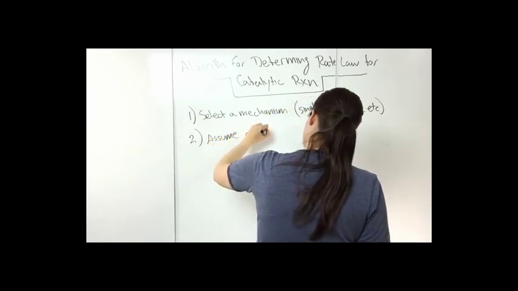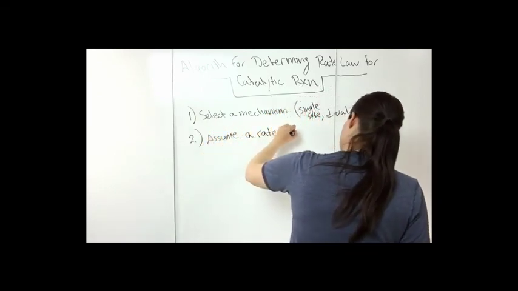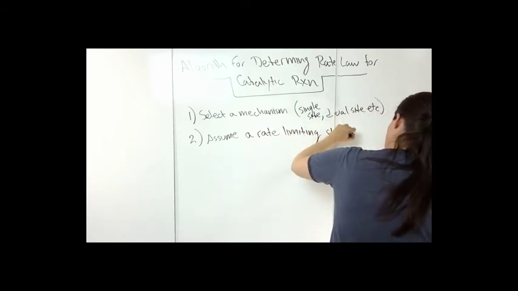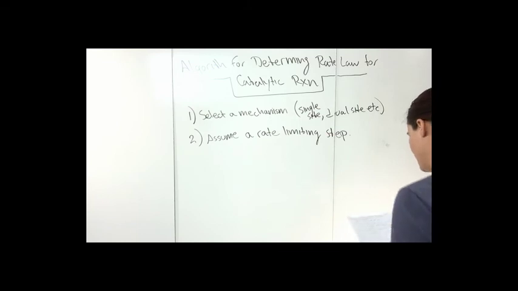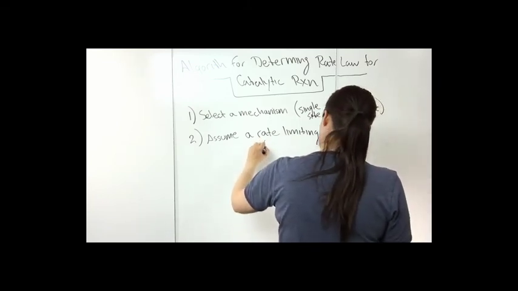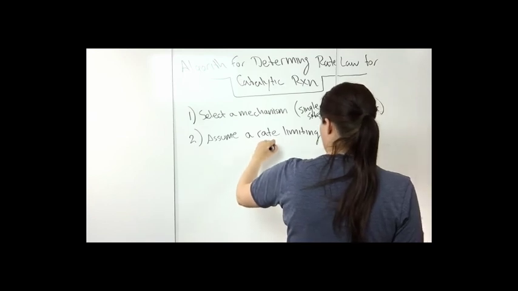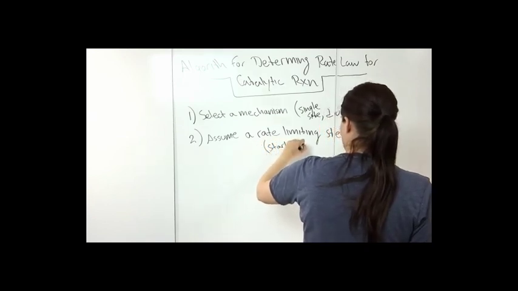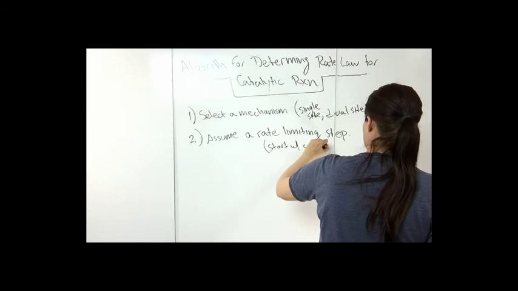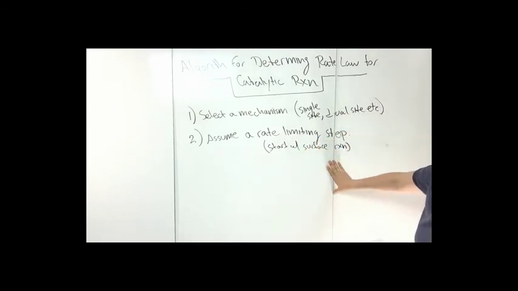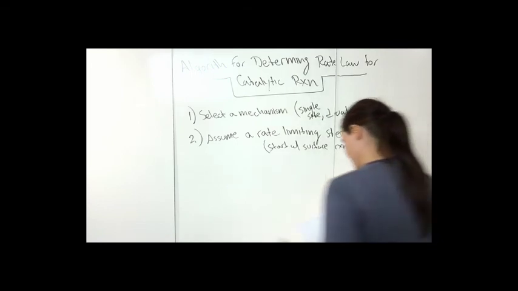Step 2 is assume a rate limiting step, and a good choice is to start with surface reaction. Basically, assume that your surface reaction is limiting if you're not told what's limiting.